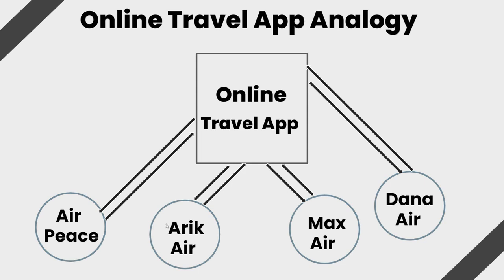So he would get the one from Airpeace through an API connected to the Airpeace website, the one from Arik Air through the API, from Max Air through the API, and from Dana Air through the API. This is just four of them. He can get as much as he wants from multiple airlines. In fact, he can get it from all the airlines in Nigeria.